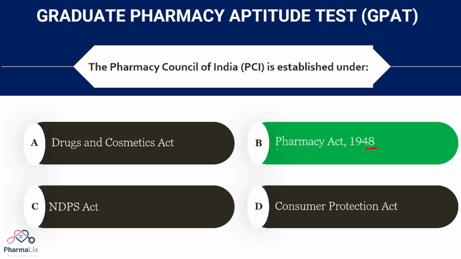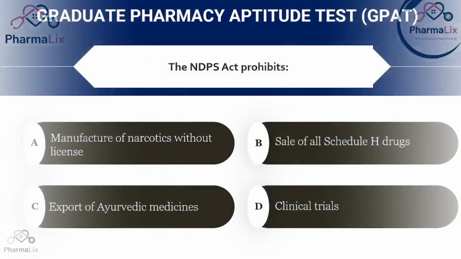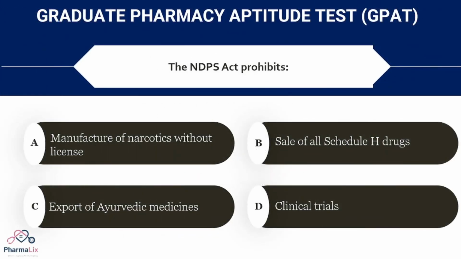How did we remember? Phar means 4, and since it is composed of 8 letters, that is 8. So 1948 would be the correct answer. Pharmacy Act is how you are going to solve the questions in pharmaceutical jurisprudence, one of the most scoring subjects in the GPAT and NIPER exam.